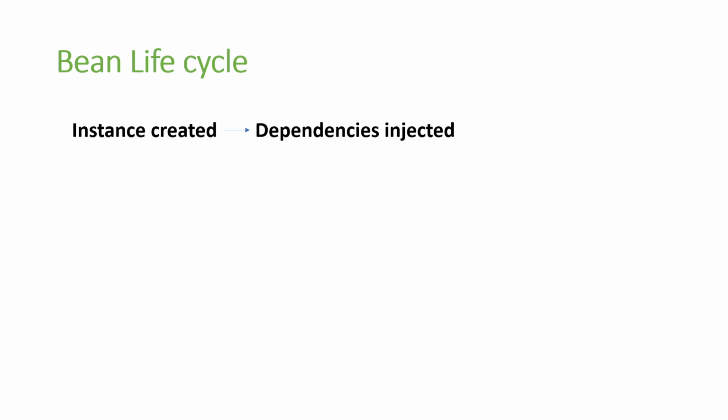That means if you use a default constructor and setter injection or field injection, after creating the object, it will call the setter methods to inject the dependencies. So this is the second step. These two steps we already know, we saw them in the previous videos.